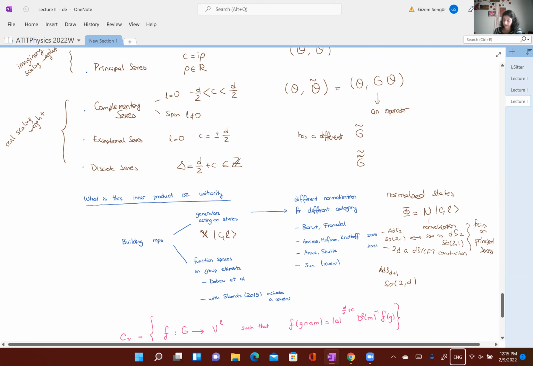It would be nice for you to read at least some sections of these after this lecture. There's also a recent review that handles both the generator way and the function space way, covering scalars and integer spin.